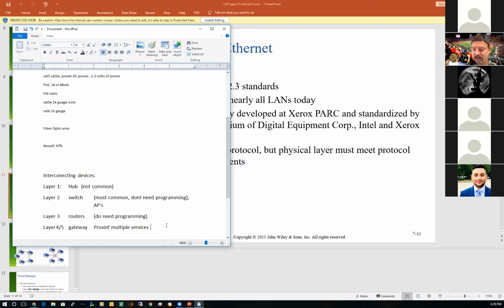These are typically, and by the way, what routers do is they connect 2 or more, sometimes dissimilar networks together.